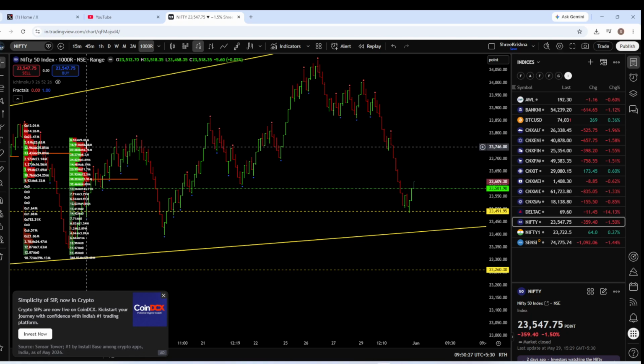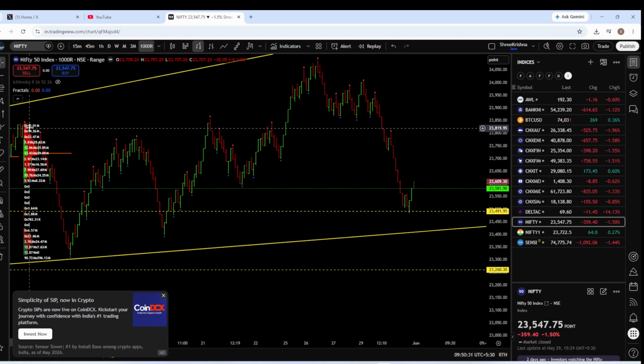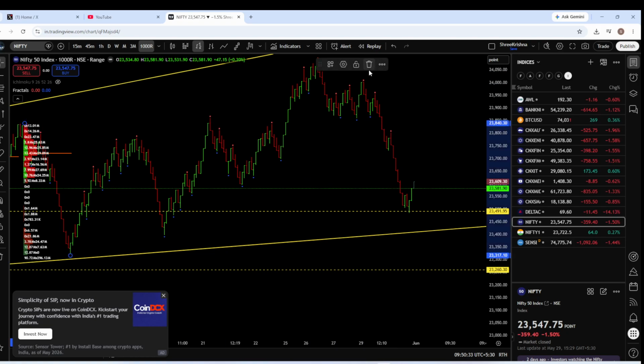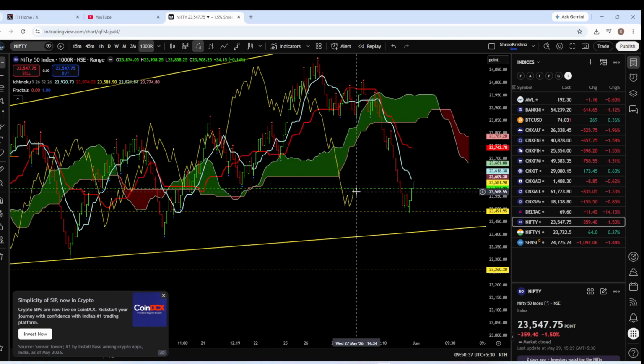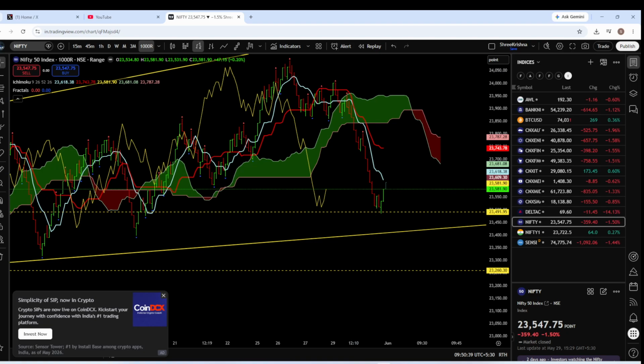So the volume nodes can be used, POC can be used, fractals can be used, Ichimoku can be used to trade internal structure. Now, when the price was here, we sell below the fractal. At that moment, the price was exactly below the TK cross.